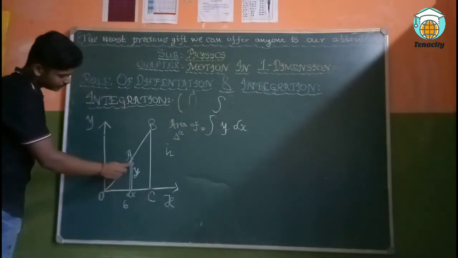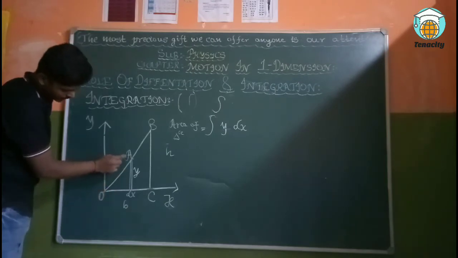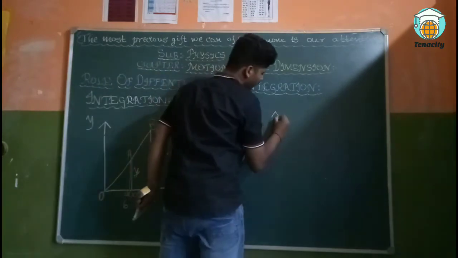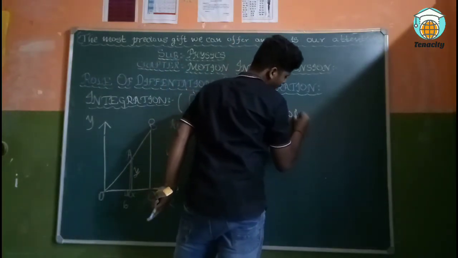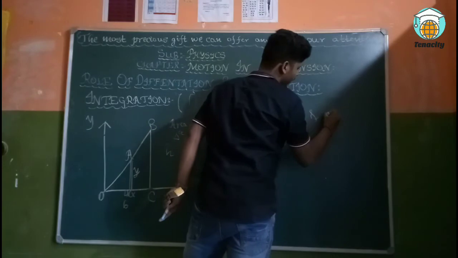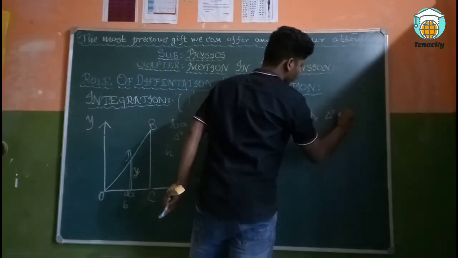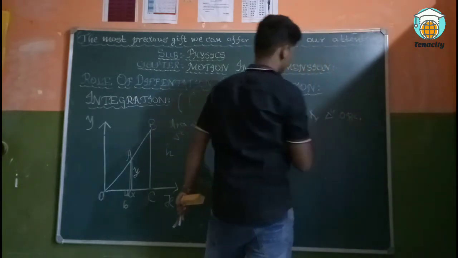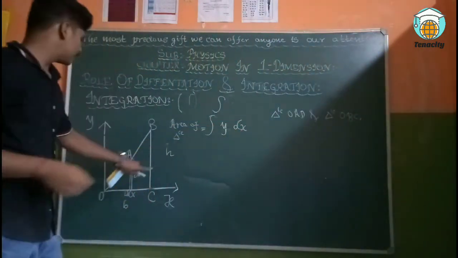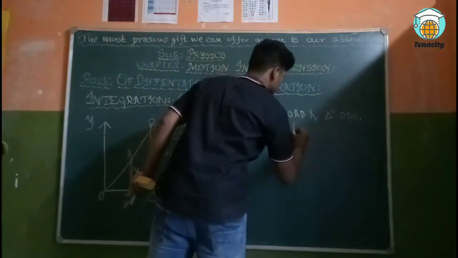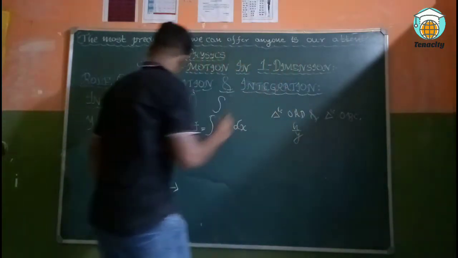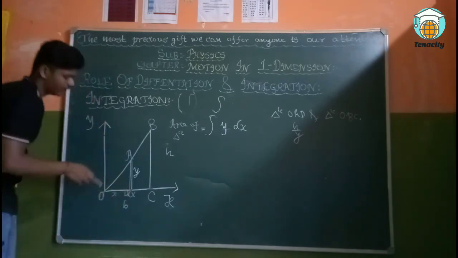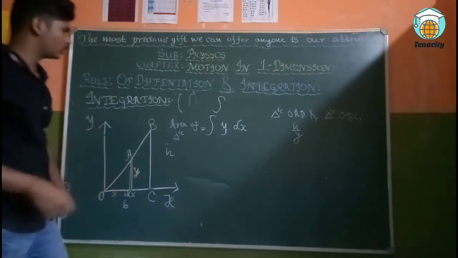You see triangle OAD and triangle OBC, they both are similar. Taking its length to be x, h by y is equal to b by x.